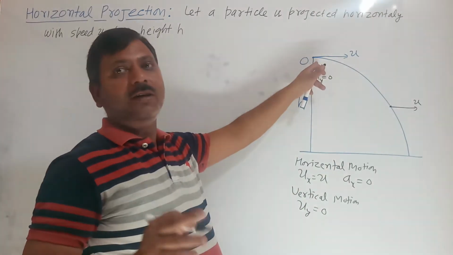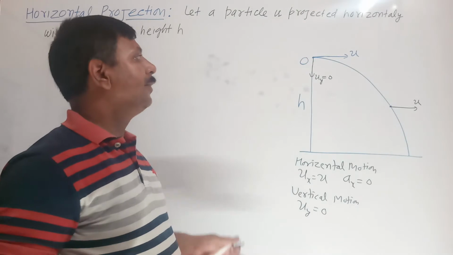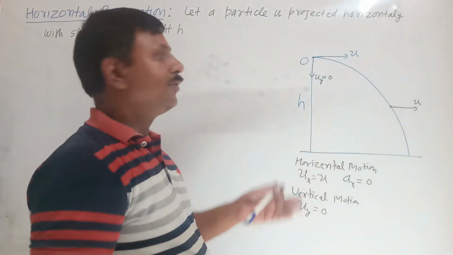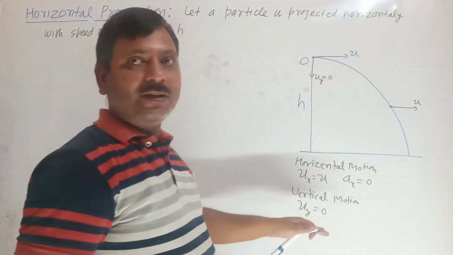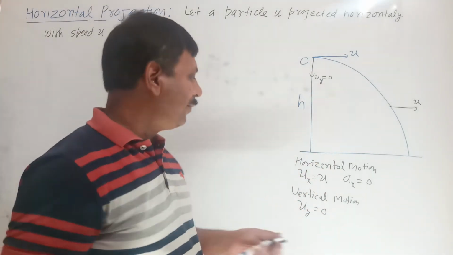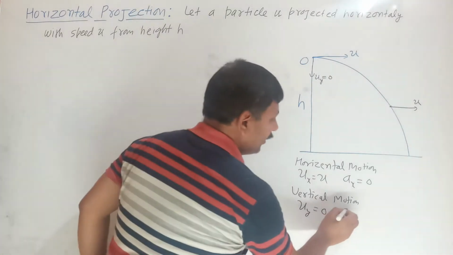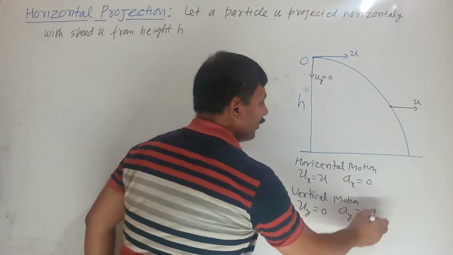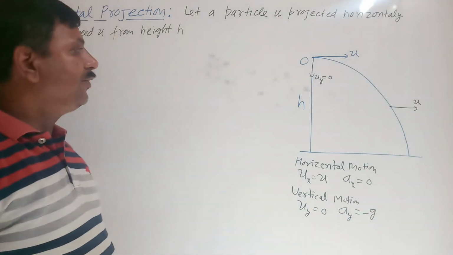If I have taken an origin, then right-hand side we will take positive, upward positive, downward negative. With the same sign convention, the acceleration is downward, so I will take minus g.